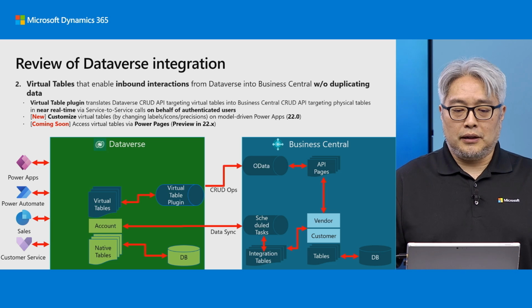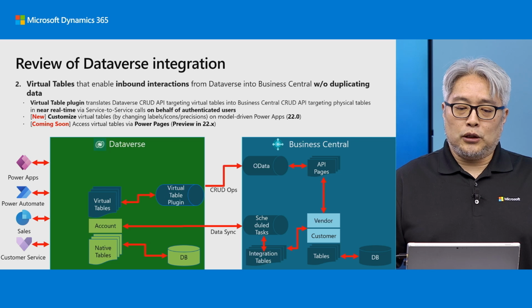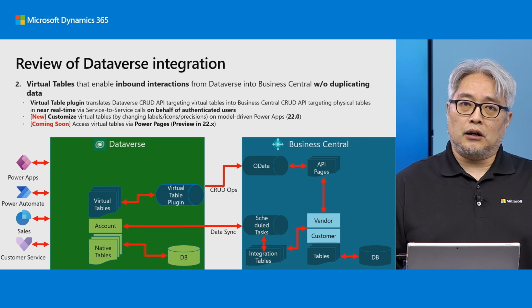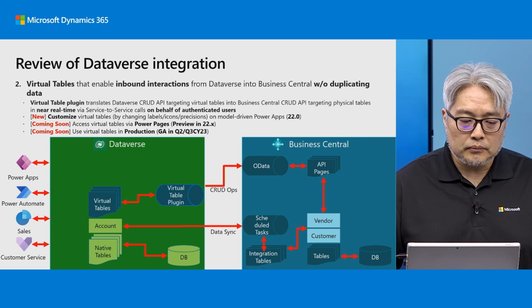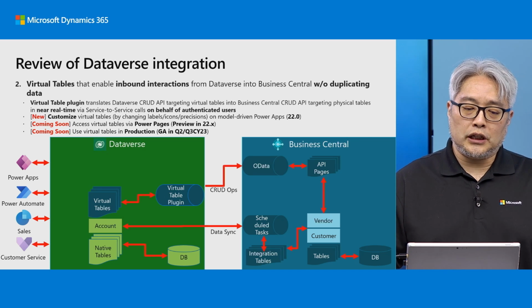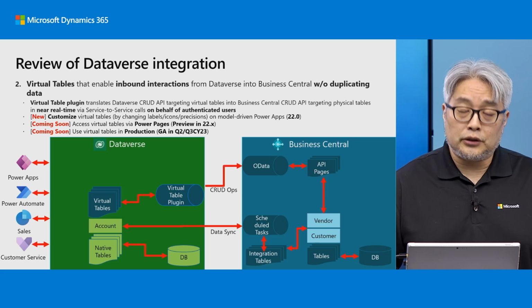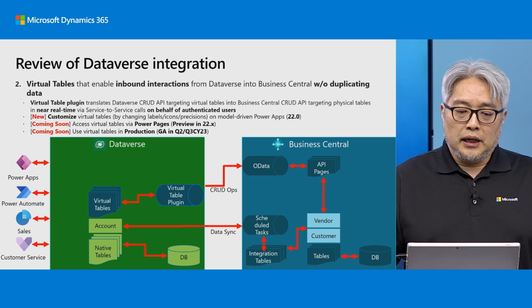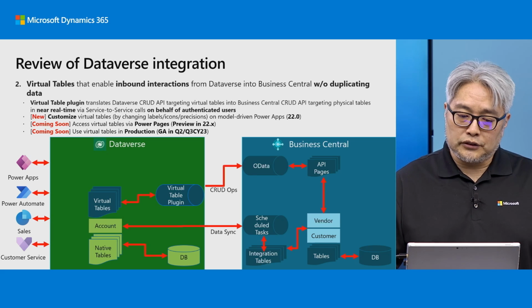That is planned in one of the minor releases. It will be 22.x. We will know sooner when we come closer to the release. And finally, virtual tables has been in preview for a while, so we are planning for a general availability, a GA, in second quarter or third quarter of this calendar year, so within 6 months from now.